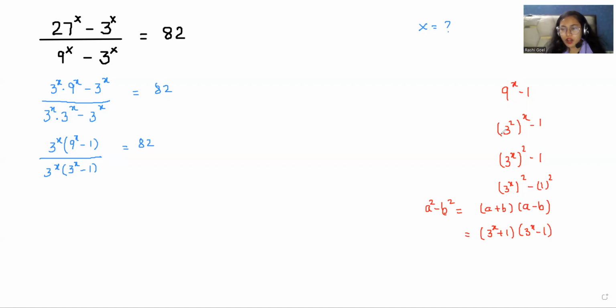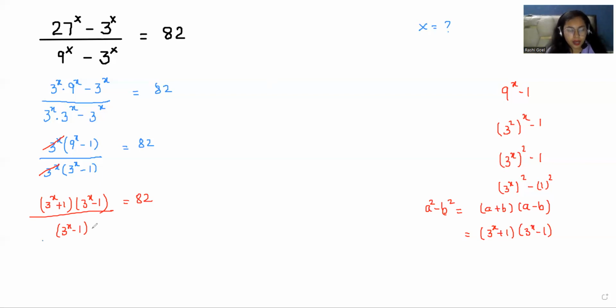So in place of 9^x minus 1, I can write 3^x plus 1 in one bracket and 3^x minus 1 in the other bracket, over 3^x minus 1, is equal to 82.